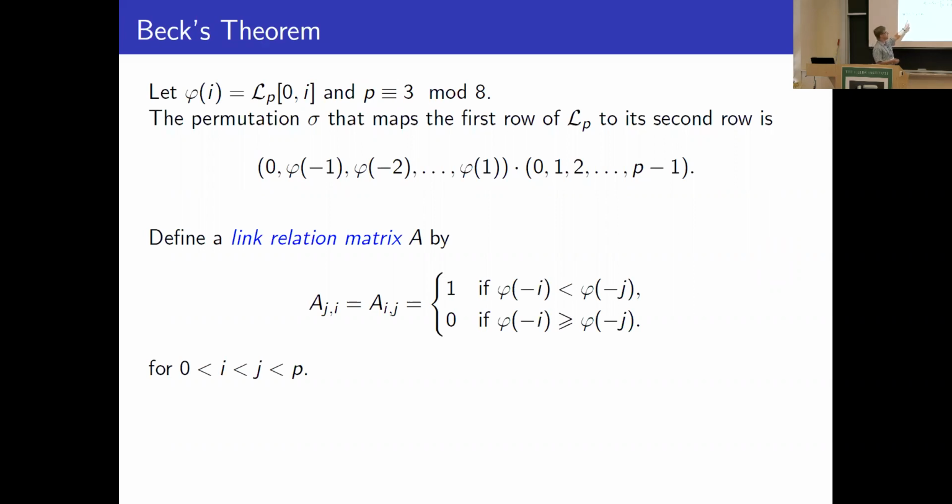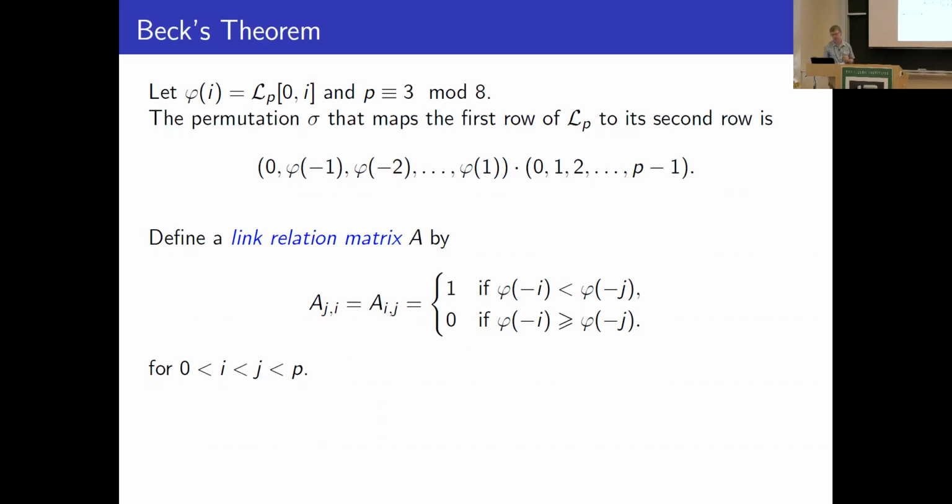But before I do that, I need to define this thing called the link relation matrix, which is what Beck's theorem is cast in terms of. It's a symmetric 0-1 matrix, which relies on comparisons between the entries that you see when you write your permutation here. And it's a P-1 by P-1 matrix, so indexed by the non-zero entries of ZP.